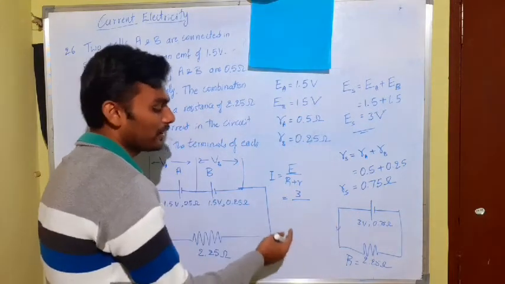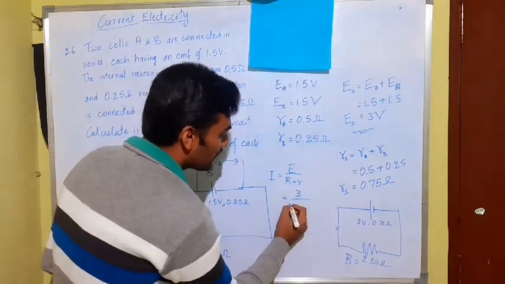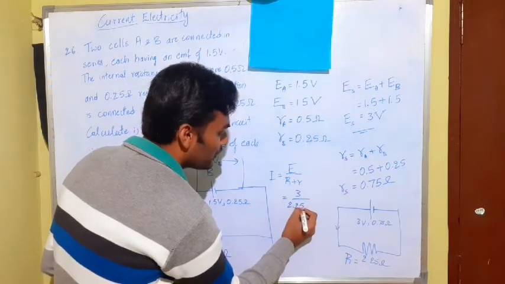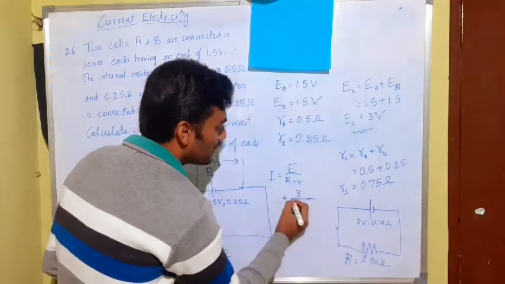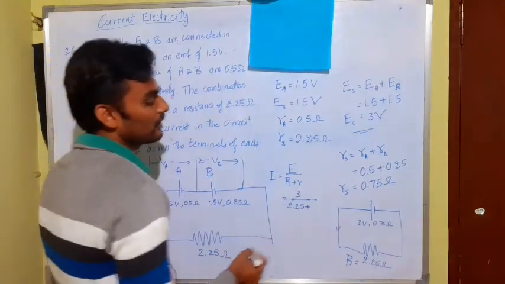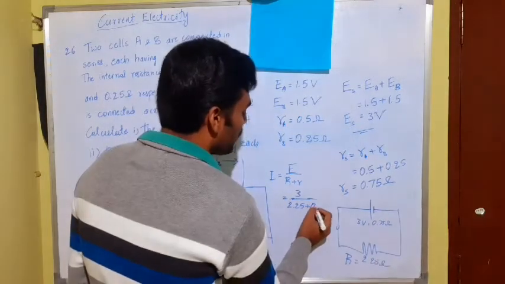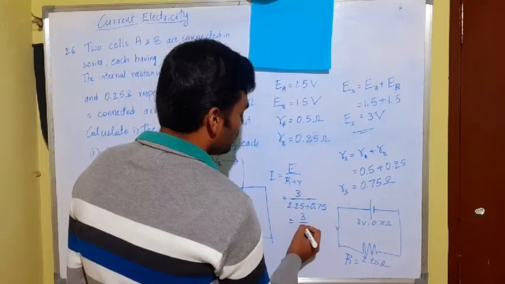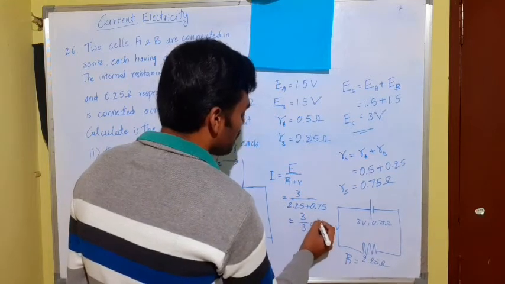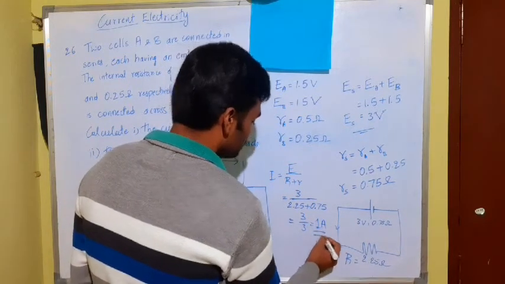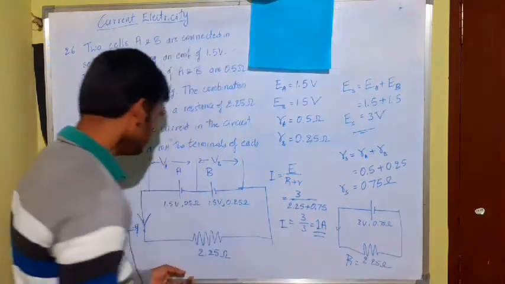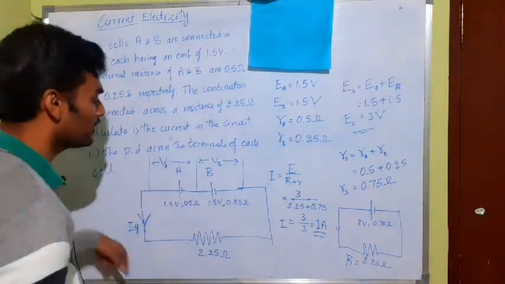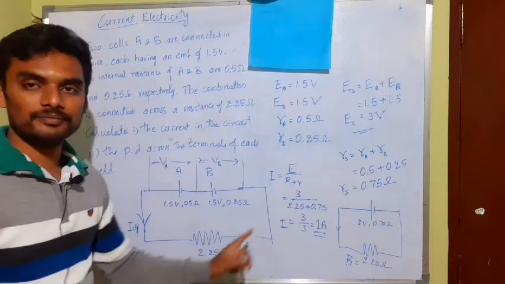External resistance is 2.25 ohm plus small r, the internal resistance, 0.75 ohm. So it's 3 by 3, which is equal to 1 ampere. So the main current flowing in the circuit is 1 ampere.